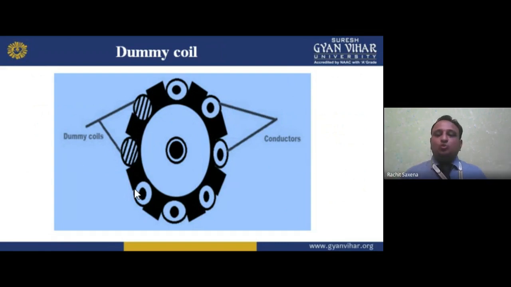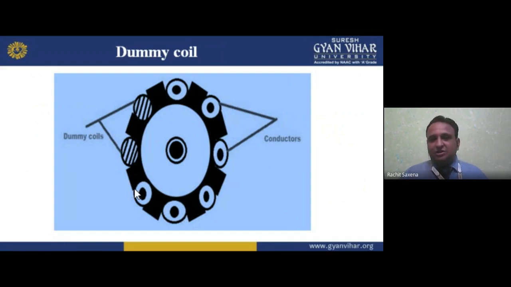So what do I have to do to make the mechanical balance? Otherwise, the rotor will rotate with the weight always on the filled slot side, so there will be a mechanical imbalance. So I have to place other windings, known as dummy coils.